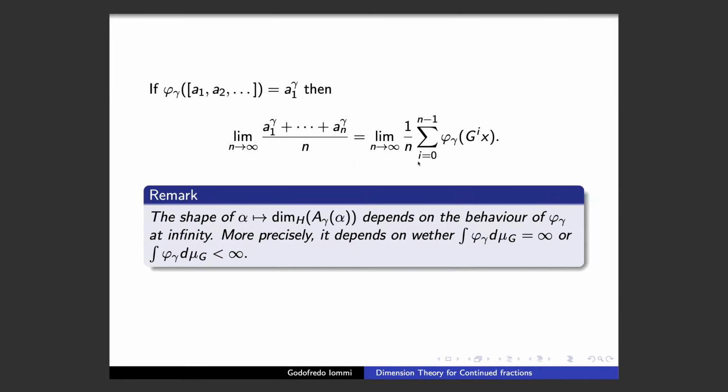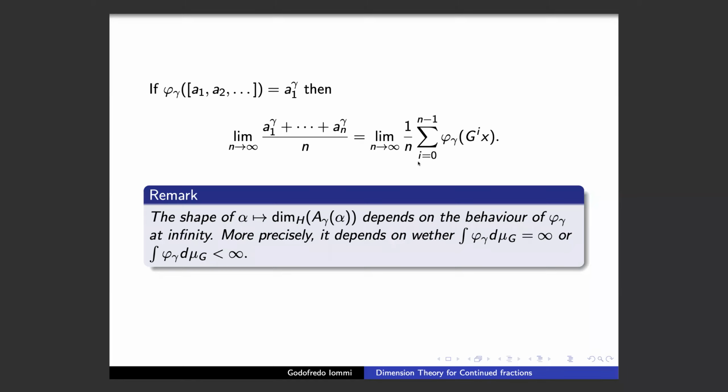I think that the right way to think of this is that you're actually measuring the speed at which these things are going to infinity, or you're looking at the behavior of these potentials when you approach 0. That's basically what determines the two possible shapes that we encounter in this example.